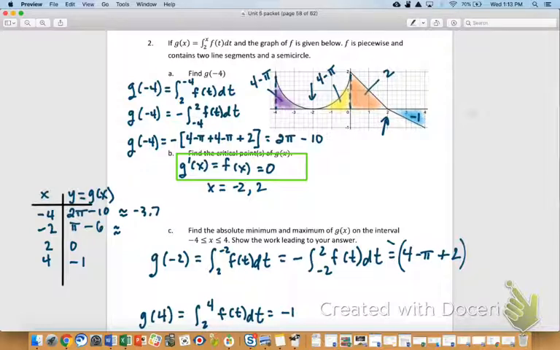That's like minus about 2.8. So -2.8 there. And then the other two obviously are very straightforward. Here you can say your final answer. You can say the max is 0 and the min is -3.7.